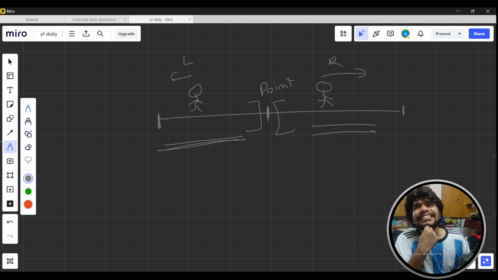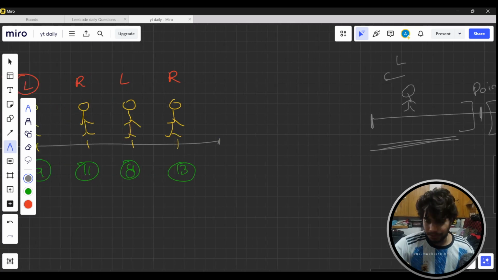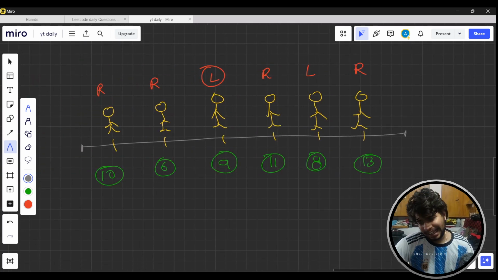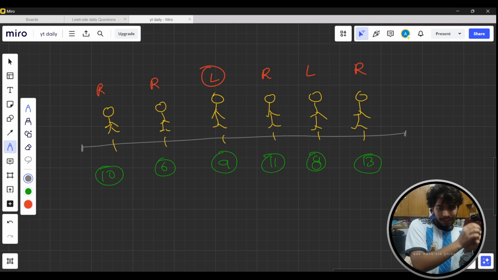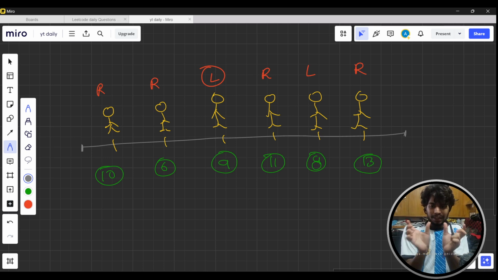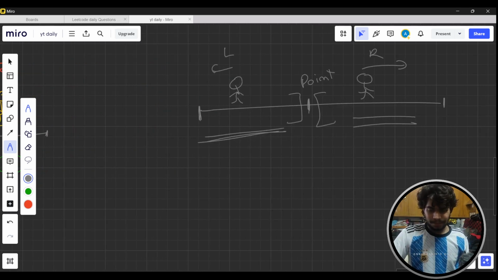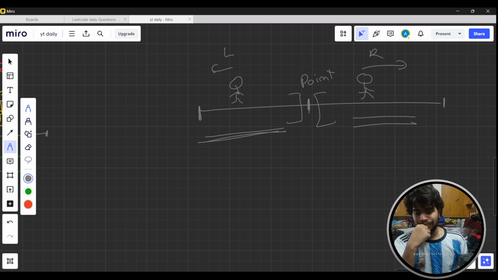So can I just do this? Can I just say, when all robots are moving in the same direction up to a point, and after that point all the robots on the opposite side are moving in the opposite direction, like this case, then there will be no collision.